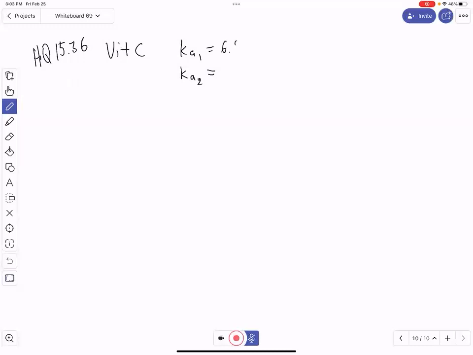So our first Ka is 6.8 times 10 to the minus 5. And our second Ka is 2.7 times 10 to the minus 12. And what makes these calculations seem intimidating is, oh okay, I have these two Ka values, but if we look at this second Ka value, this is so much smaller than our first Ka value that essentially the concentration we're going to get from that is not going to change the pH of our solution.